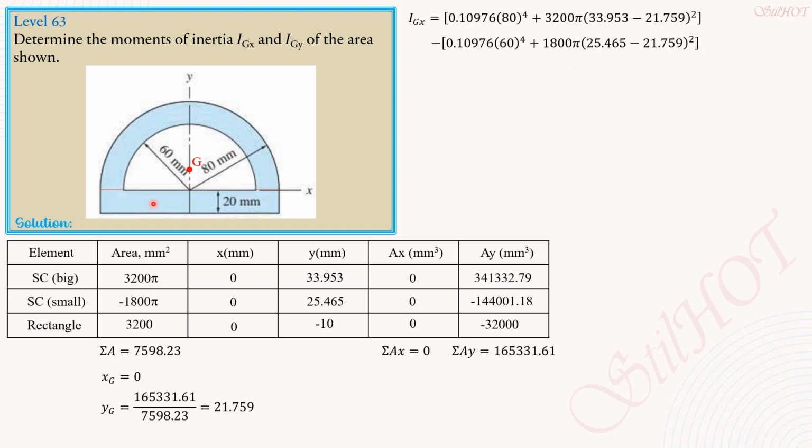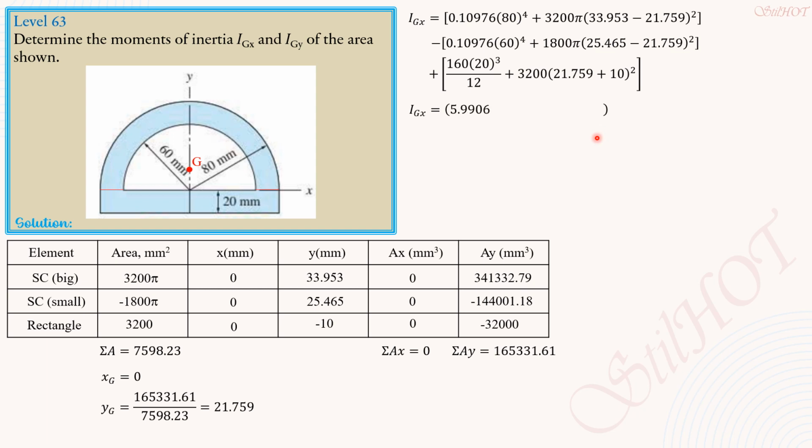For the rectangle, plus 160 times 20 cube over 12 plus area 3200 times distance 21.759 minus negative 10, so plus 10, 21.759 plus 10 quantity square. Because this is the centroidal axis, the distance from the x-axis is 21.759. The centroid of the rectangle is 10 mm below, so the total distance is that.